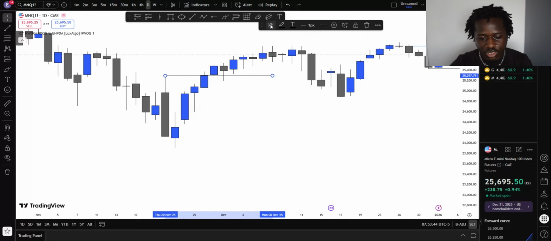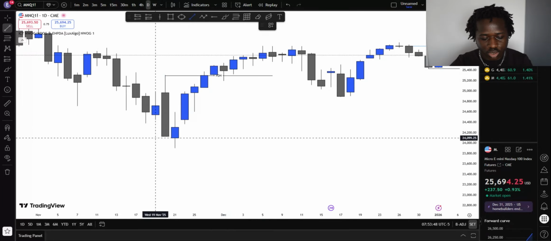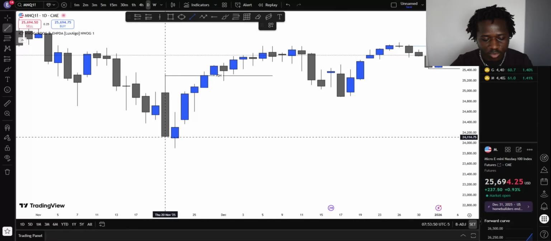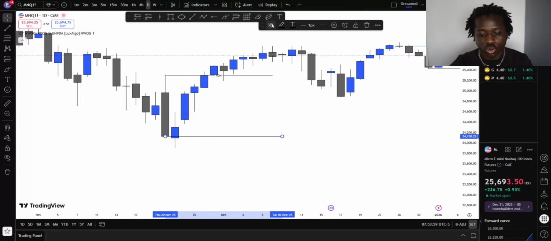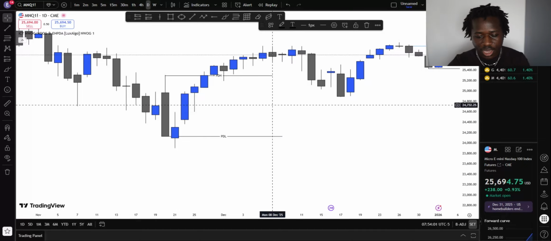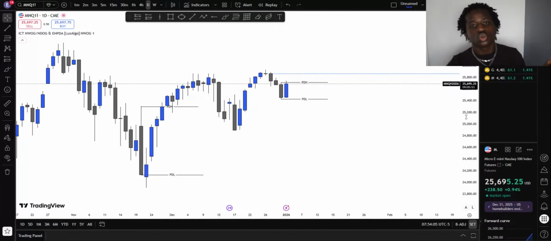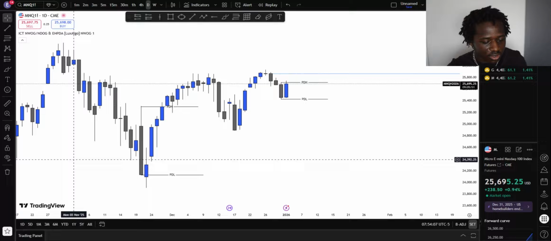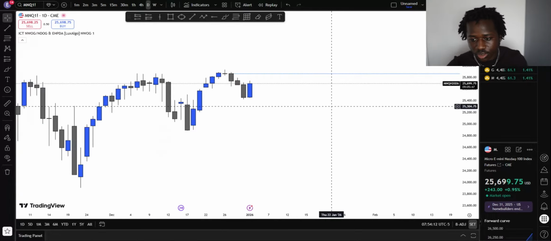We have PDH, previous day high, and mark out from this low. You see that even though it doesn't have a low wick, you mark out from this opening price where there's no wick, but you can still mark it out. This is a really good example. Previous day low. And that's how you basically mark them out. So hope you understand from this. You want to go on your chart and you want to practice every single one of these things that I'm showing you, so you get better at marking out all of these things.